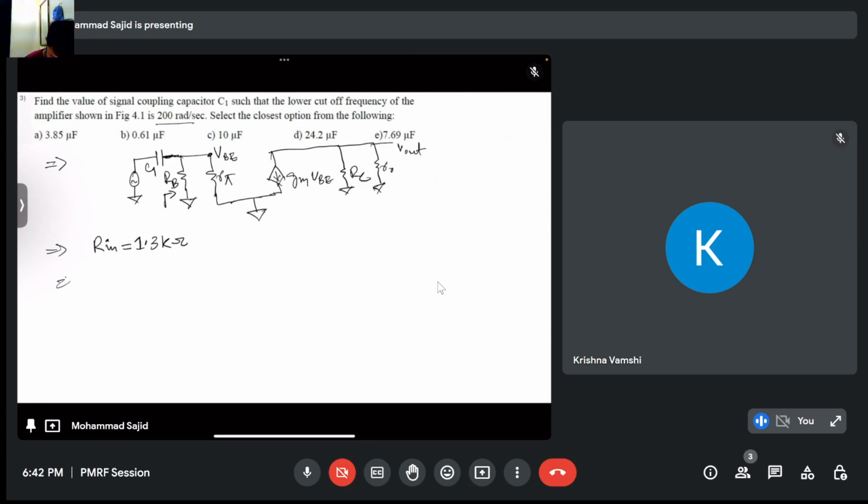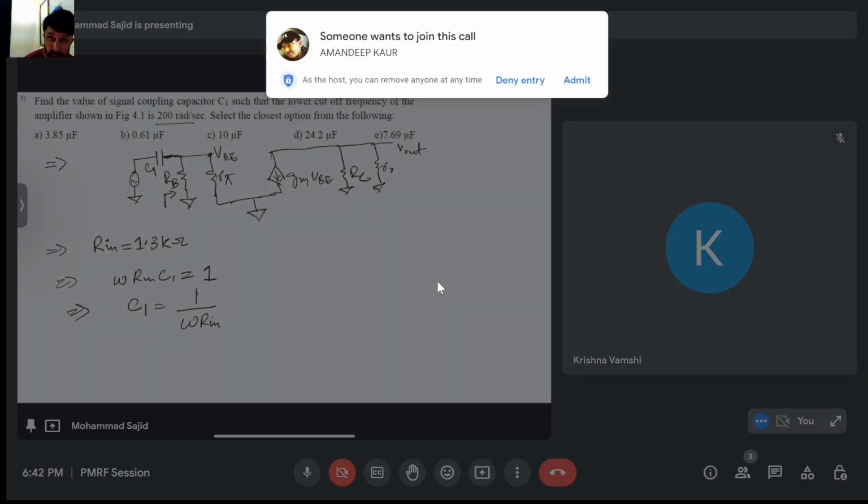So what they do is write omega R in C1 equivalent to 1, and you find C1 as 1 by omega R in, right?